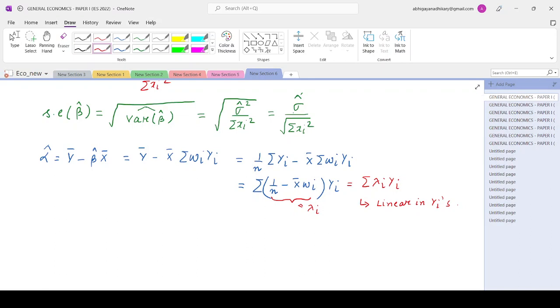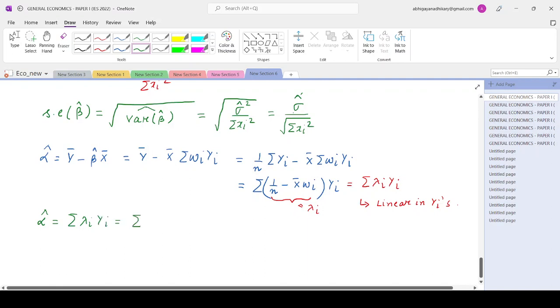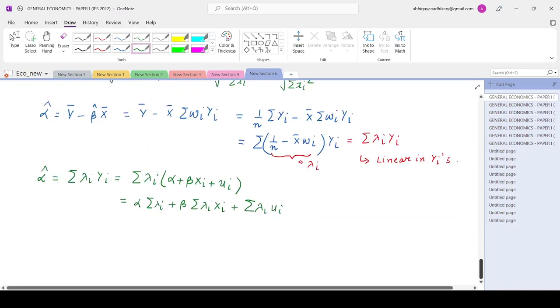Now again, since we are trying to get to the expectation first, alpha hat is basically summation lambda i yi. And what is my original yi, which is unknown? It's basically alpha plus beta xi plus ui. So that will be alpha times summation lambda i, plus beta times summation lambda i xi, plus summation lambda i ui, right?